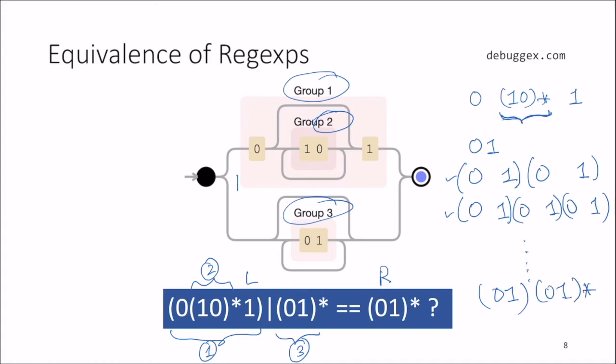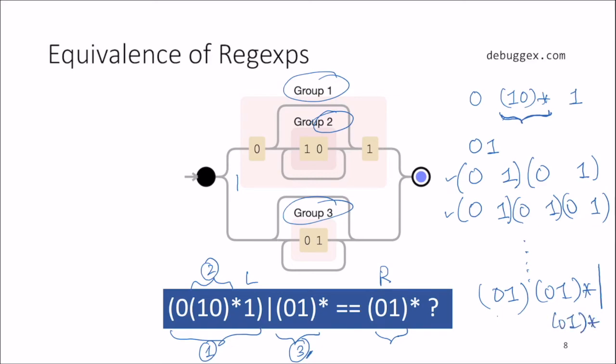Now it looks very similar to this right-hand side, this regular expression, which is 0, 1 star, because now I have 0, 1 followed by 0, 1 star. Now if you look at 3, it says it can be 0, 1 star. So if I put an alternation back over here, it's or 0, 1 star.